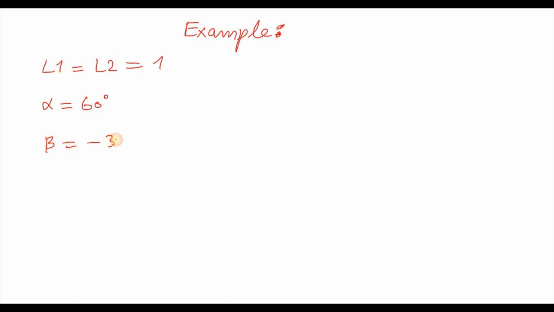Now let's see an example. So let's say we have L1 is equal to L2 is equal to 1, and then we have alpha is equal to 60 degrees, and we have beta is equal to minus 30 degrees.